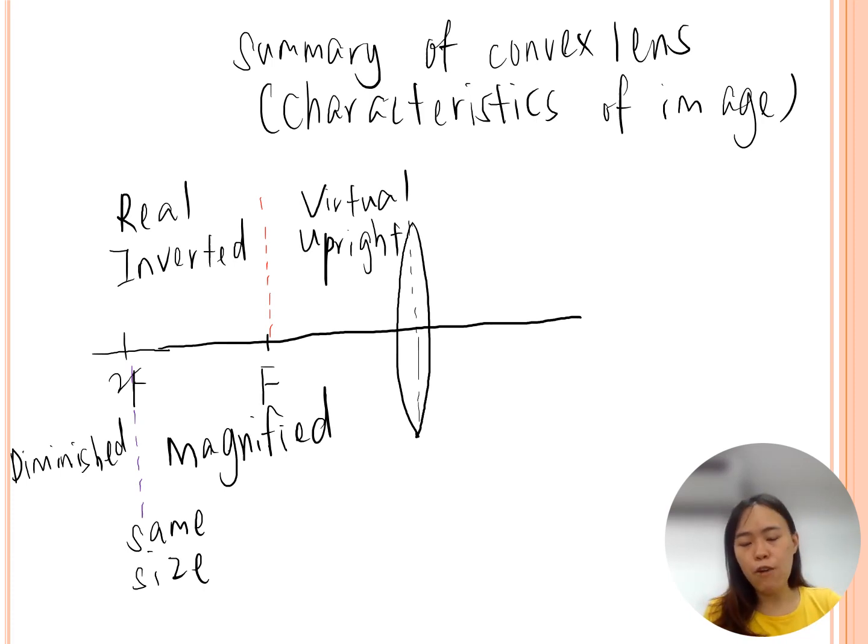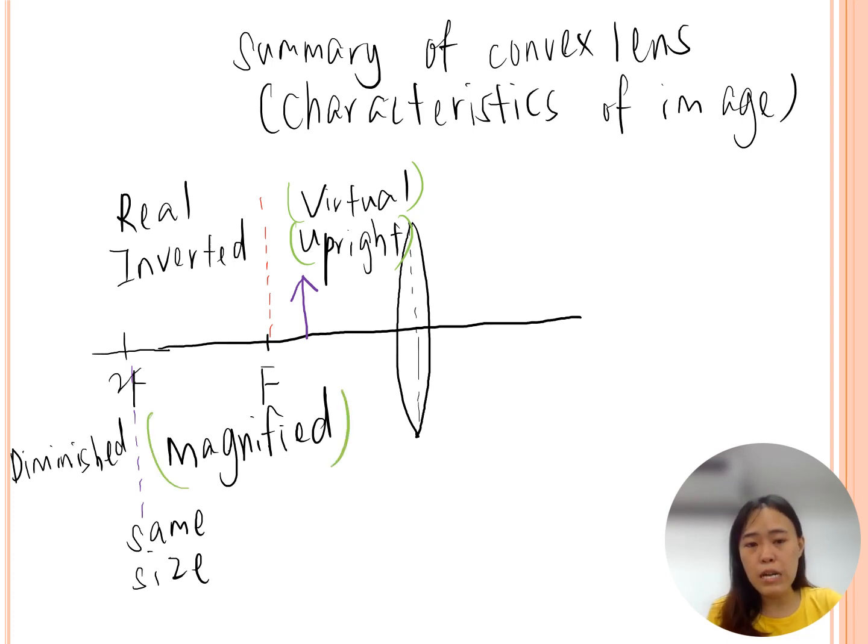Let me give you an example: identify the characteristics of the image if the object is placed in front of the focal point, that is, the object distance is less than the focal length. Here we can see it is virtual, upright and magnified.